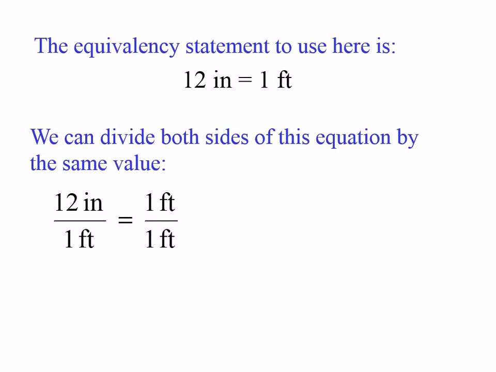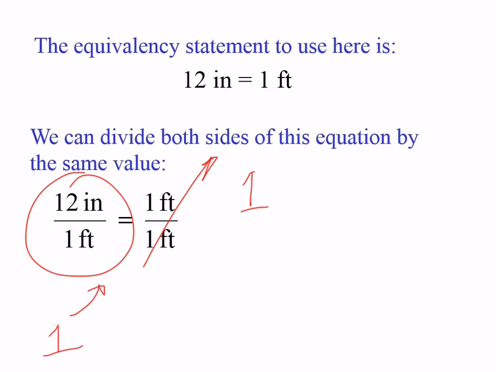Since that's just 1, that means that quantity is also 1. What happens if I go over here and put a big fat 1 right here? Does that change anything? No. So the awesome thing is, if I insert 12 inches over 1 foot anywhere in what's being multiplied together, that's the number 1, and that doesn't change anything either.